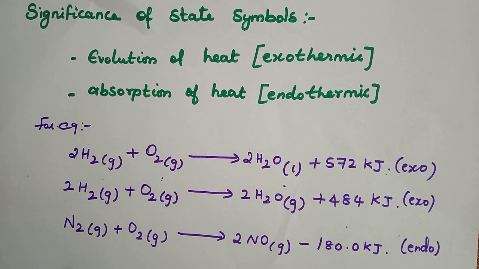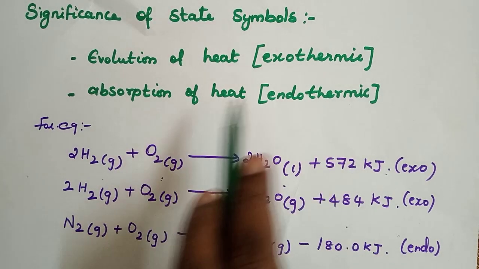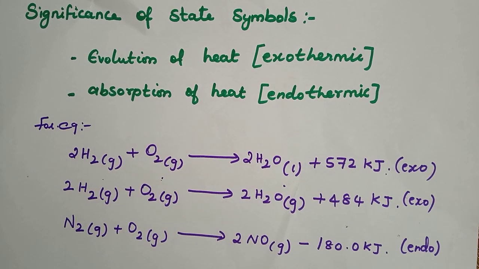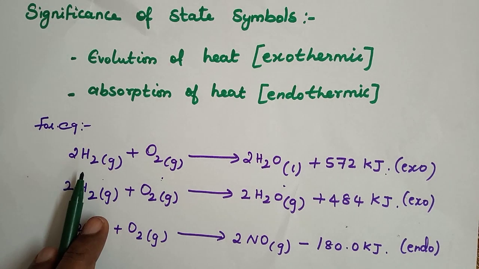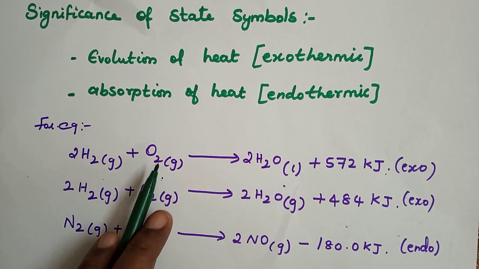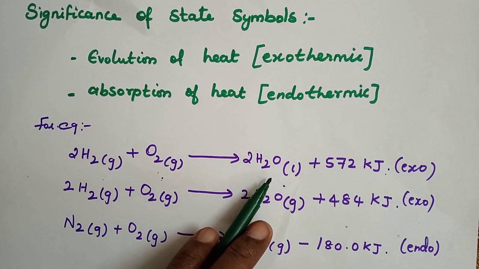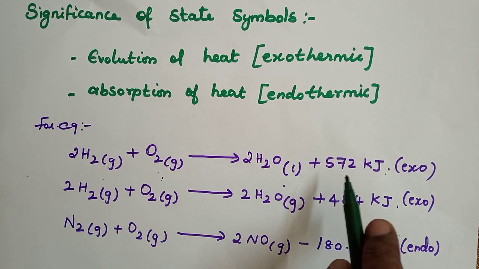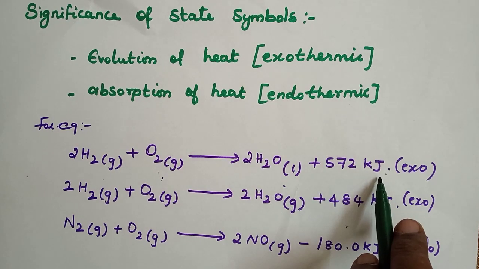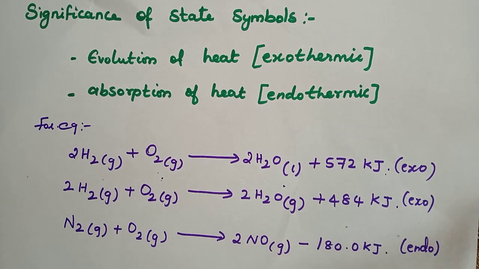Okay, so here some heat is evolved or released. These kinds of reactions are called exothermic and endothermic reactions. Both are the same reaction only. For example, see here: hydrogen gas reacts with oxygen gas, and we get the liquid state of water plus 572 kilojoules of heat evolved or released, that is an exothermic reaction.